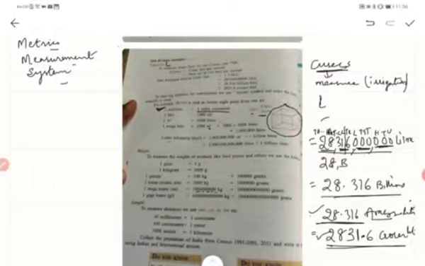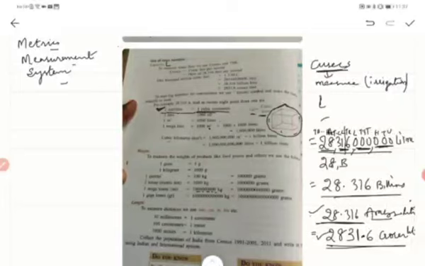The volume of this cuboid is meter cube. If all the sides are 1 meter, we have meter cube as its volume. So the measurement of this cuboid in terms of liter, we have this relation.